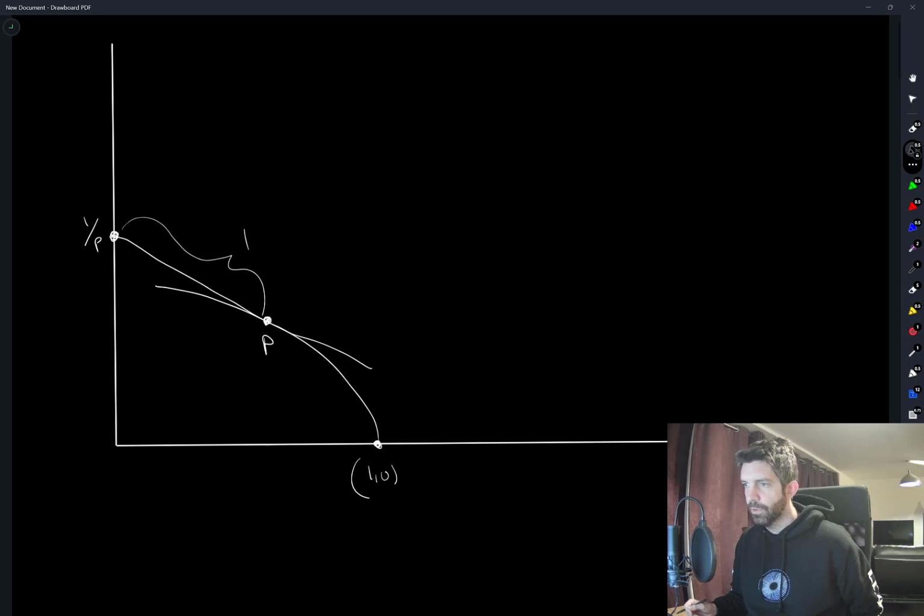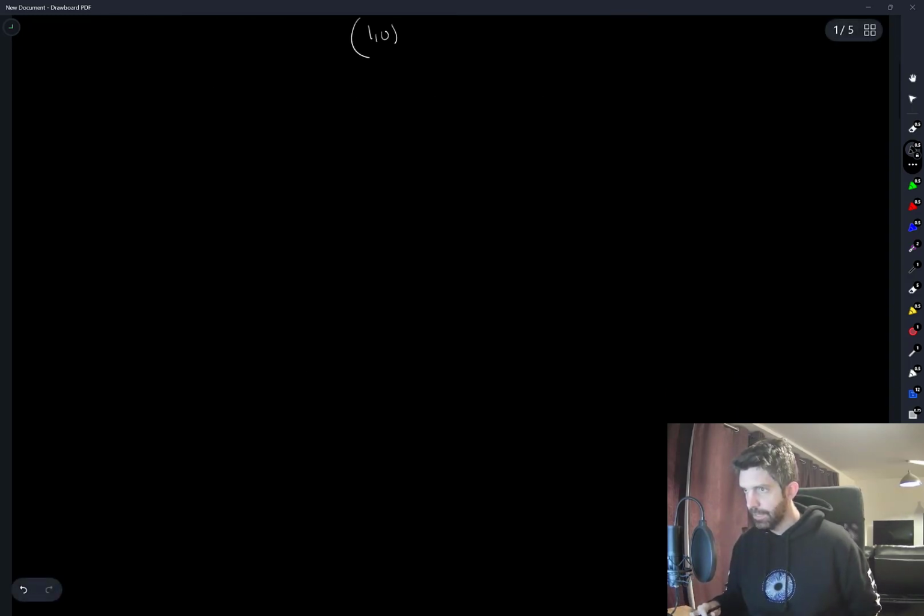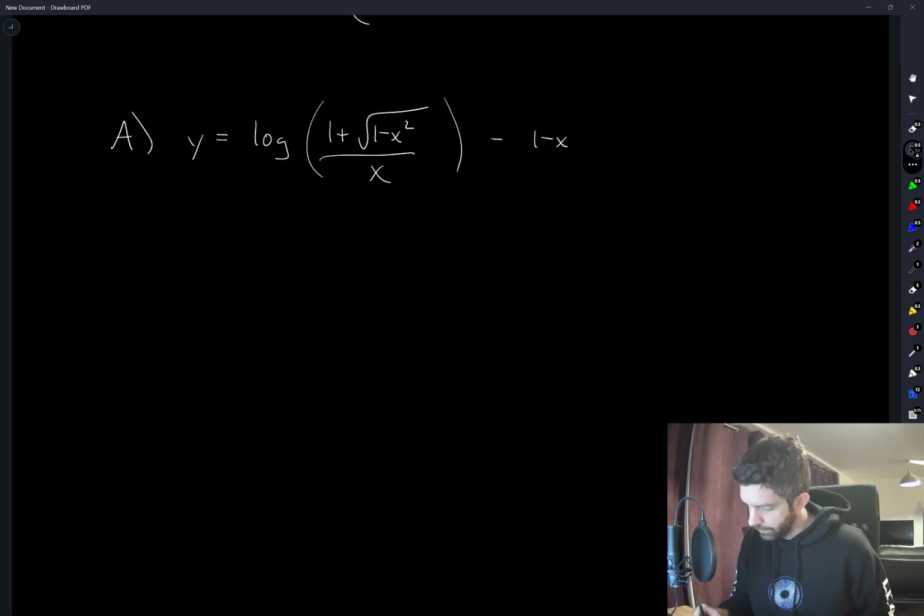Okay, so I suppose for two of the options where y is just given as a function of x, we could just directly check. Let me first make sure that for each of these, the point 1, 0 is on it. So for option A, y is equal to log of 1 plus root 1 minus x squared over x, minus root 1 minus x squared.